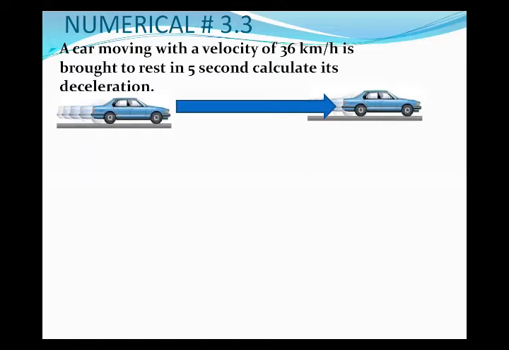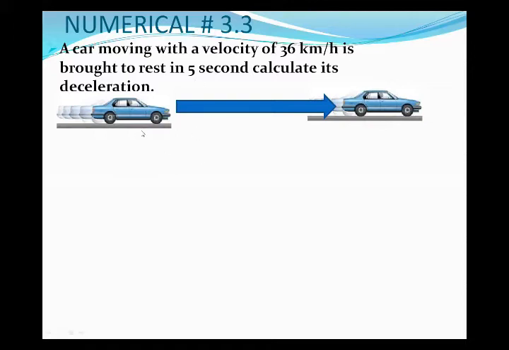Now, first of all, I'm going to describe it. A car moving with a velocity of 36 km per hour, it means let's suppose this is a car and this car is moving from this point. Here the initial velocity is 36 km per hour. After applying the brake, the car comes to rest, so its final velocity will become 0. During this, it is taking 5 seconds.